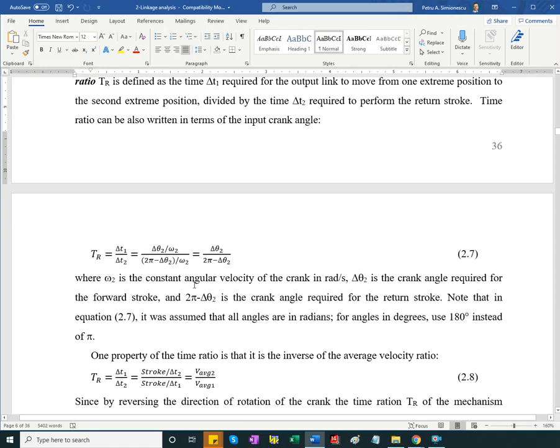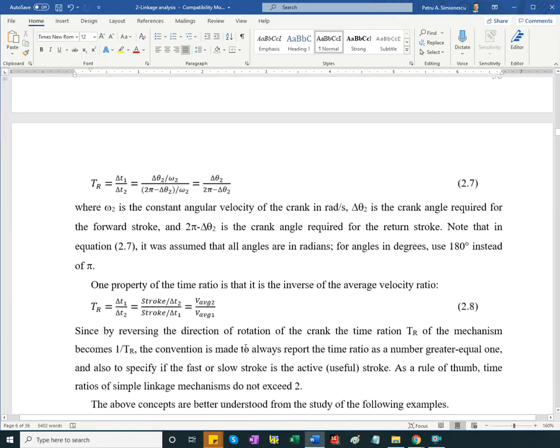And we're going to assume constant crank input. So this translates into time ratio as the ratio between the number of radians or degrees of crank rotation. Well, if it's 2 pi, it has to be radians, clearly. So crank rotation to do the active stroke, and the difference is crank rotation for the return stroke.